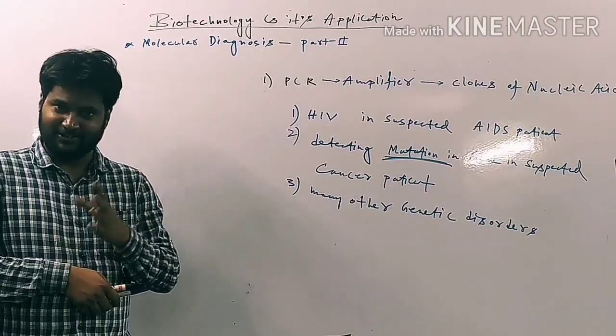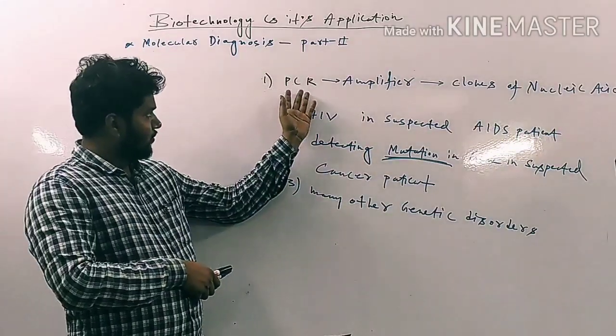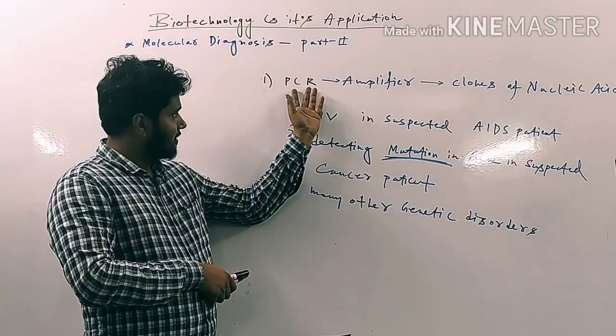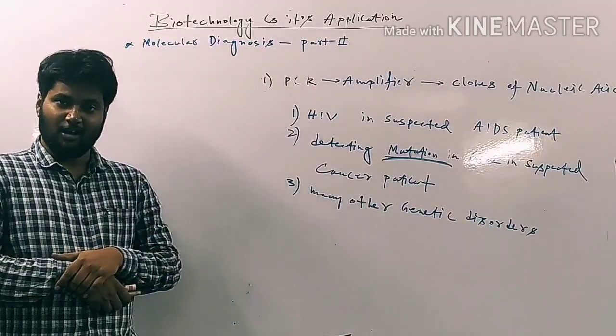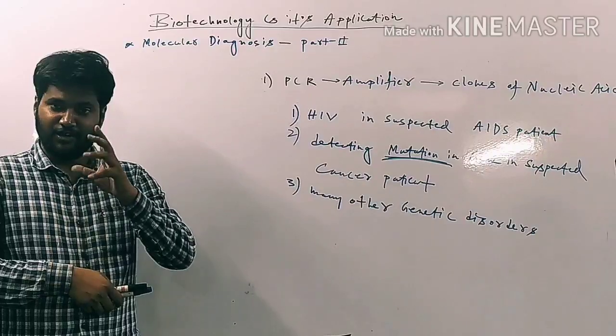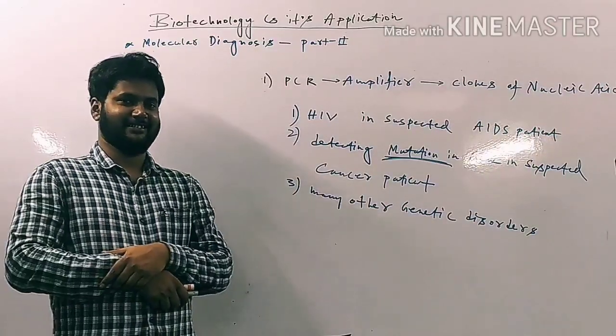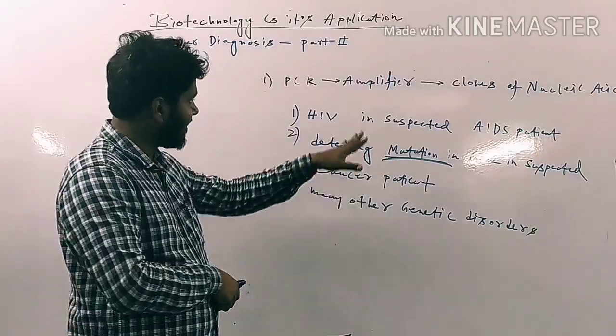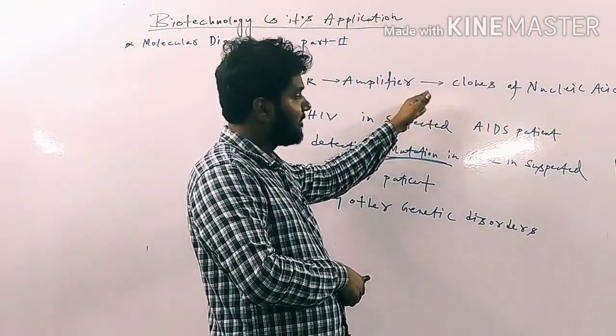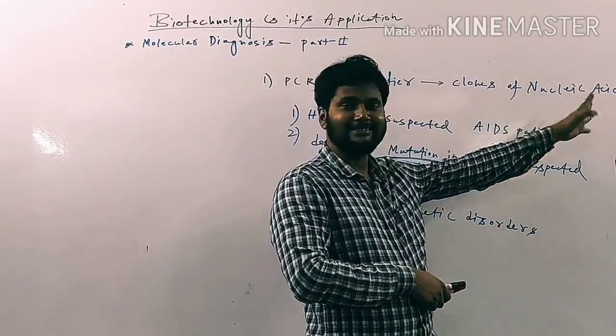Here we are using the word detection: HIV detection, mutation detection, or detection in genetic disorders. But if you remember the procedure of PCR, you will not find anything where PCR detects anything. What does PCR actually do? PCR actually amplifies. It makes clones of nucleic acids.